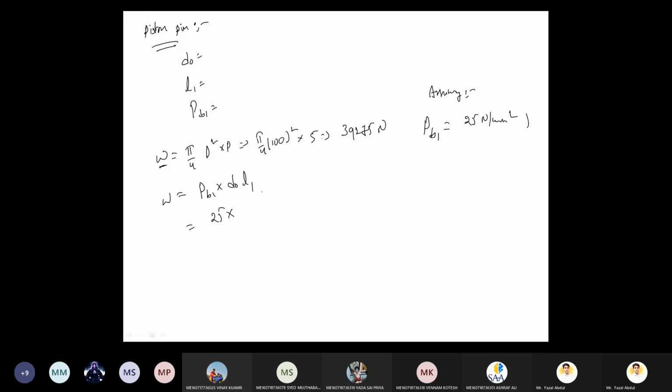D naught is not given, so I am writing D naught as it is. L1 is also not given, so I am considering L1 in terms of D: 0.45 into D, so 0.45 into 100, that is 45.